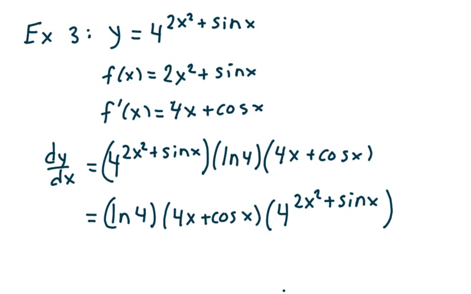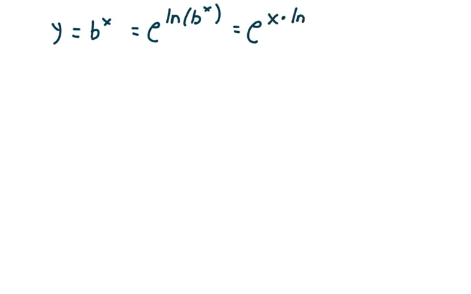One last thing I'd like to go over. Now, I want to reason out the derivative here of b to the x. So this is equal to e to the natural log of b to the x, okay? And this is equal to e to the x times natural log of b.